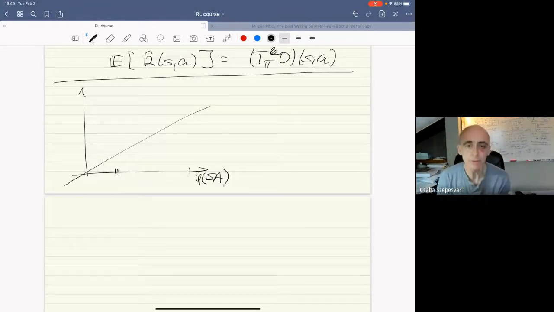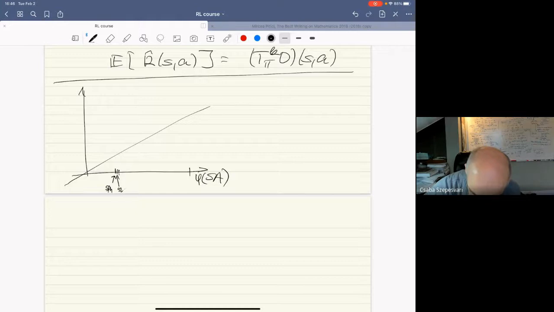Which state action pairs would you choose if you wanted to estimate the line? If you choose a state action pair, this corresponds to one state action pair, S1A1, this is S2A2, and this is S3A3. They're very, very close to each other. And this is S4A4.